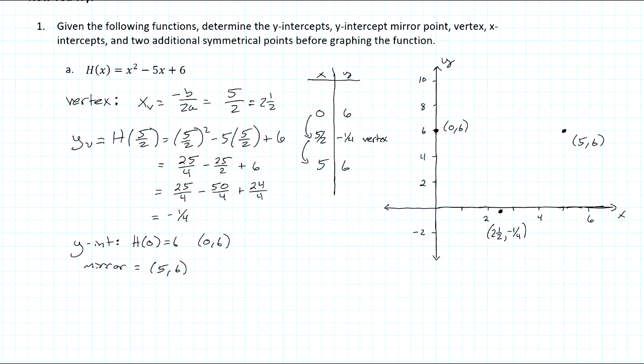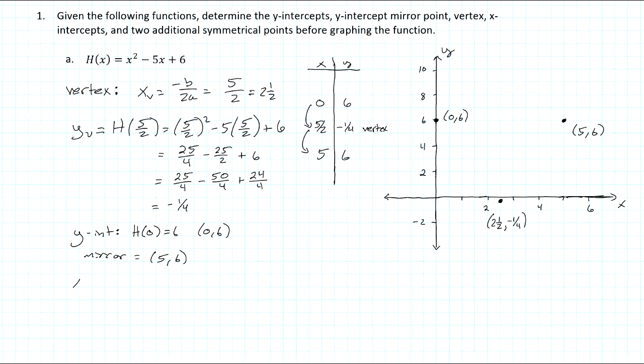And we want the x-intercepts. We'll say 0 equals x squared minus 5x plus 6. To factor this, I'm going to say 2 sets of parentheses, x in the first position of each. I want two numbers that multiply to be 6 and add to be -5. So I need a -2 and a -3.